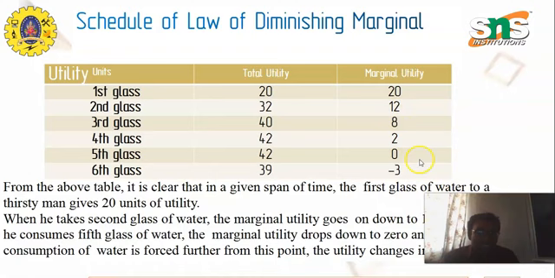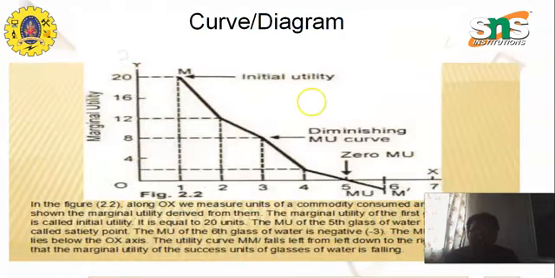Here the marginal utility of the particular glass, if we drink the water, remains 0, and if we drink the sixth glass of water, it goes to the negative state. The curve shows that, compared to the first glass of water, its marginal utility goes on diminishing.